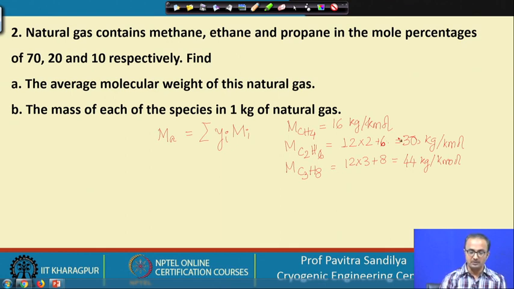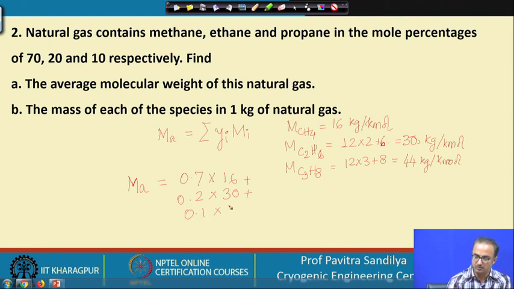Now, once we know the values, what shall we do? We shall find the average molecular weight Ma equal to 0.7, that is 70 by 100, 0.7 into 16 plus 0.2 into 30 plus 0.1 into 44.